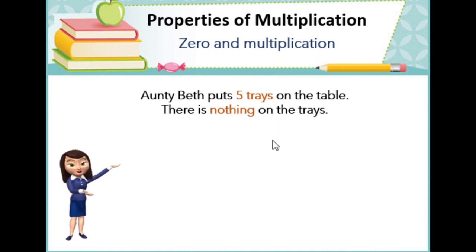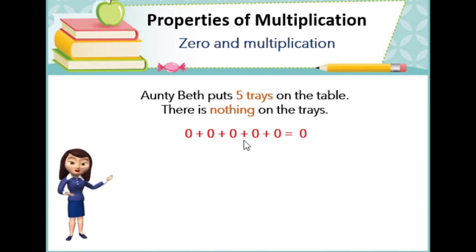When do zero and multiplication property comes in? Okay, as stated here, nothing means zero. It does not have. So, in numerical form, we write it 0. There is nothing in the 5 trays.